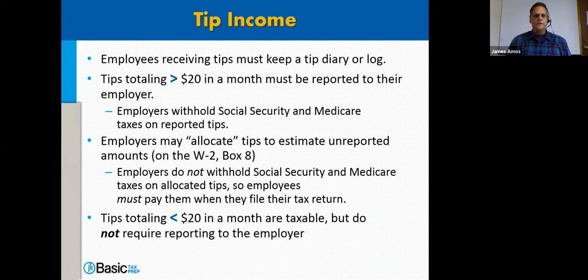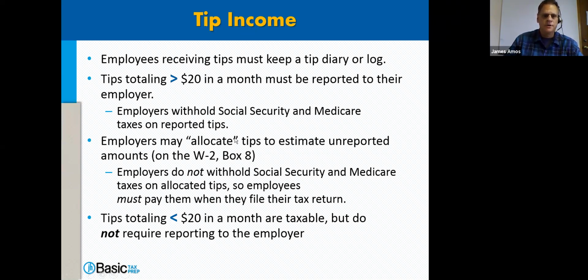Tips reported that are more than $20 a month must be reported to the employer, and the employer must take out Social Security and Medicare tax on that. And then if there's a month where you didn't keep a record or didn't report it, your employer will likely be required to do allocated tips, where he's estimating the tip amount you received.